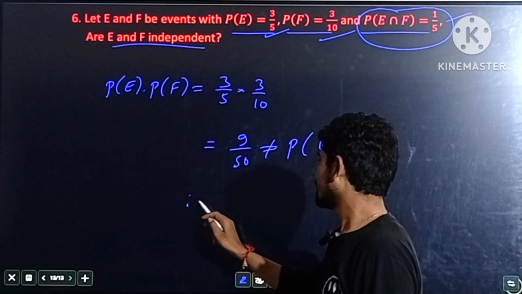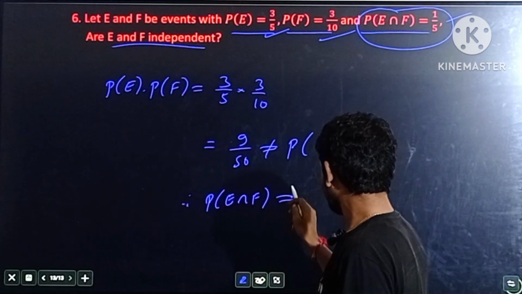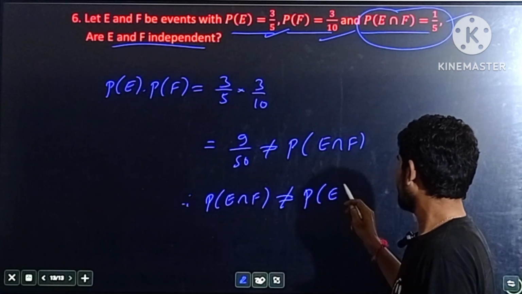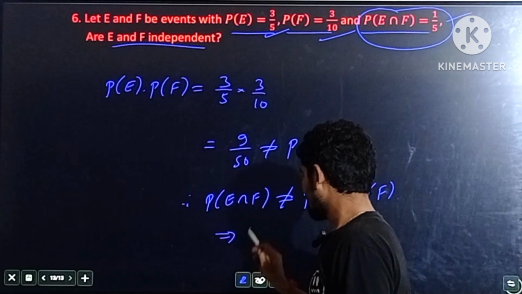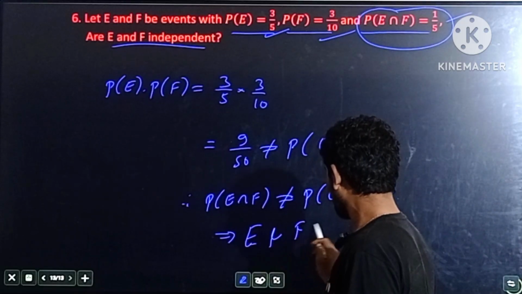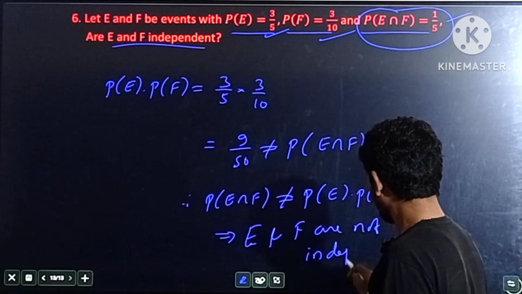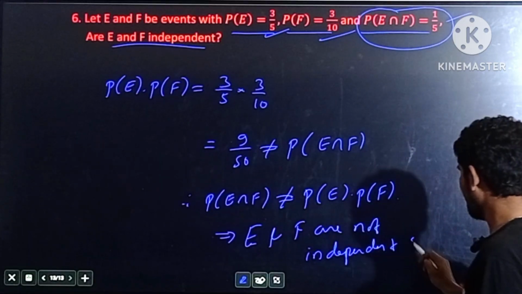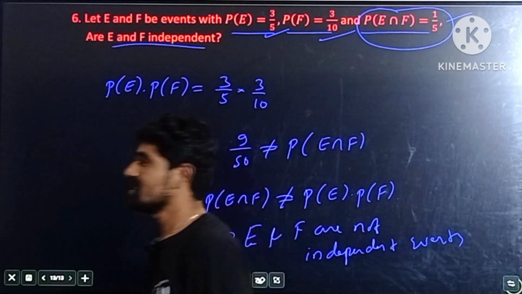So since probability of E intersection F is not equal to probability of E into probability of F, E and F are not independent events. I hope all of you understood this question.